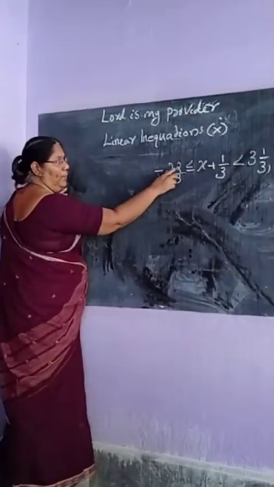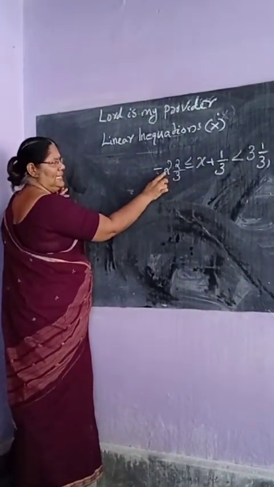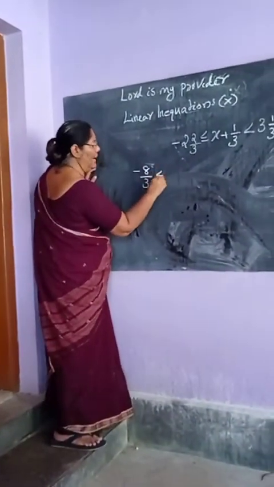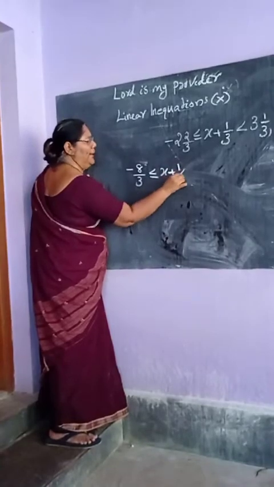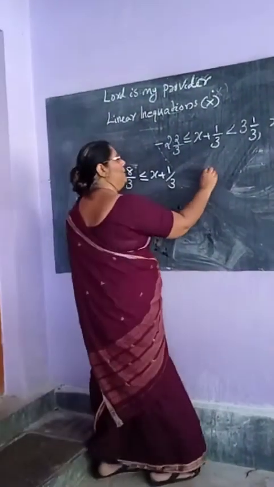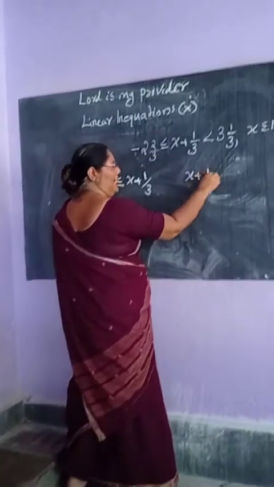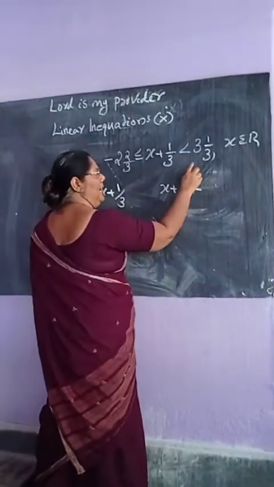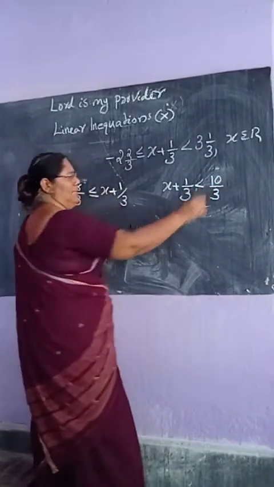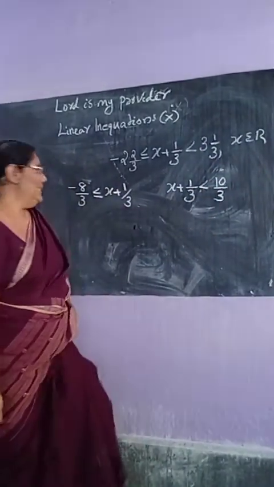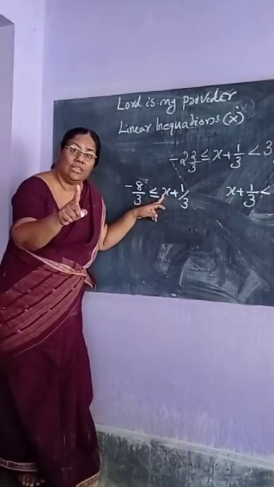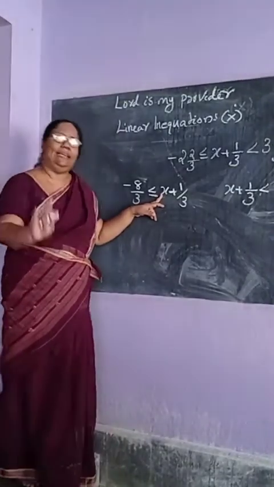Minus 2 and 2 by 3 means 2 threes are 6, 6 plus 2 is 8, so minus 8 by 3 less than or equal to x plus 1 by 3 is on one side. Understand? Now, how can you separate the second one? x plus 1 by 3 less than 3 and 1 by 3 means 3 threes are 9 plus 1, 10 by 3. Now, here there is only one x and that x is positive, therefore keep that x on that side itself.